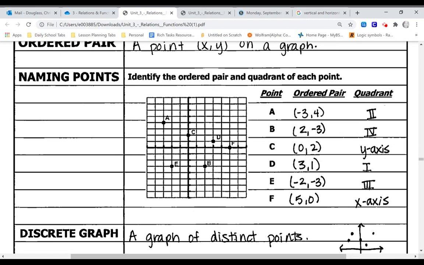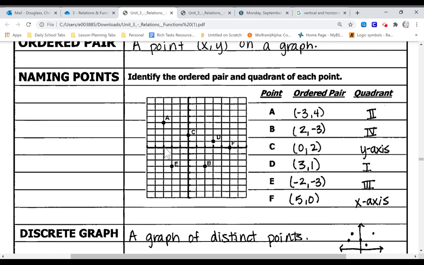When you find the coordinates of a point, you always begin at the origin. The first coordinate tells you to move right or left, and the second coordinate tells you to move up or down. So always move along the x-axis first, which is left and right, and then you'll move up and down. To get to point A from the origin, I need to move to the left 1, 2, 3 units.